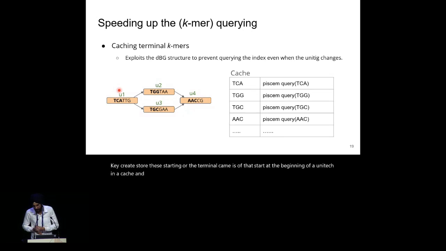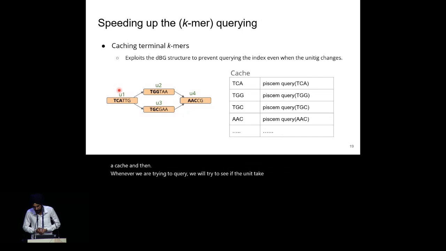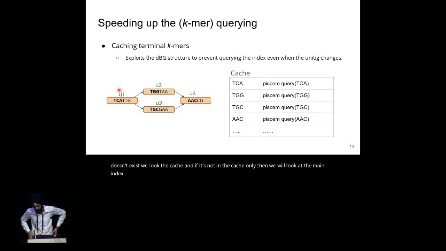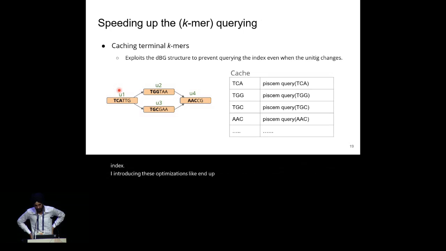Then whenever we are trying to query, we see if the unitig information exists. If it doesn't, we look in the cache. And if it's not in the cache, only then we look at the main index. Introducing these optimizations, our mapping speed increases by 30-40%.